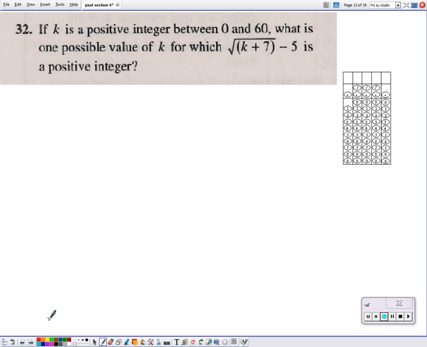Question 32. If k is a positive integer between 0 and 60, what is one possible value for k for which the square root of k plus 7, minus 5, is a positive integer? All right, now there are going to be a couple different possibilities here.